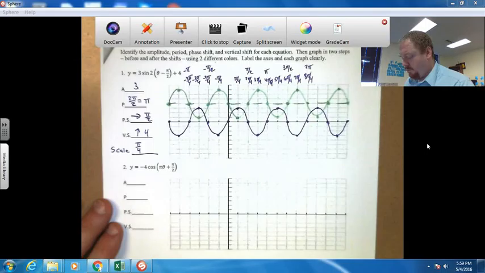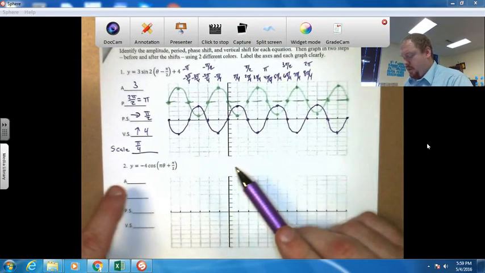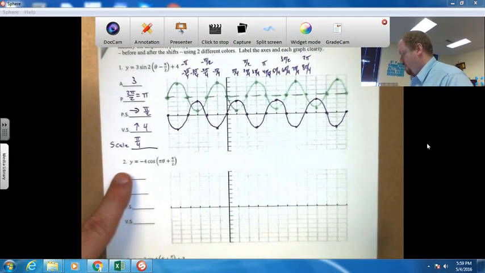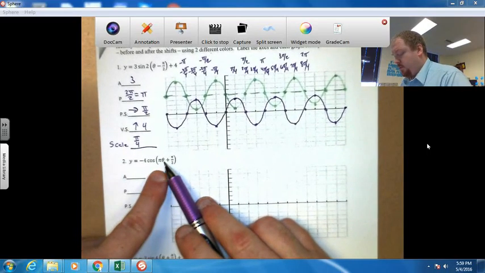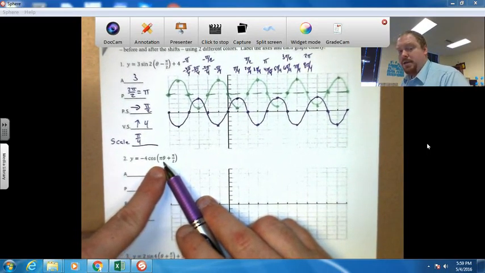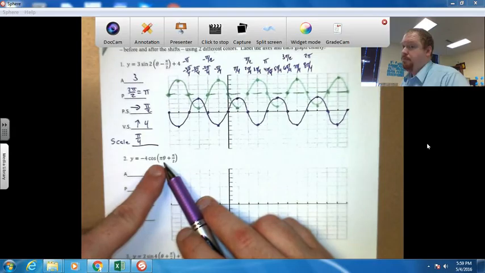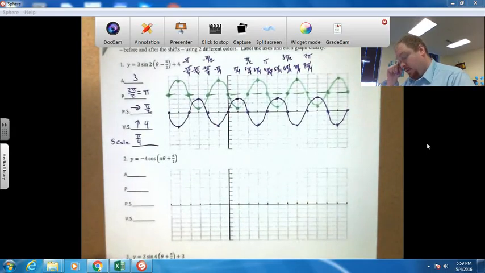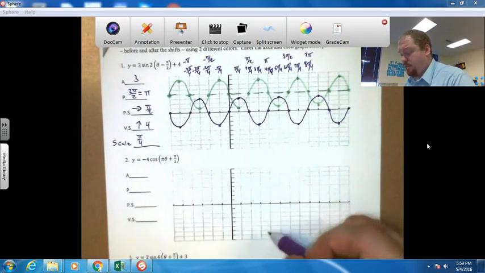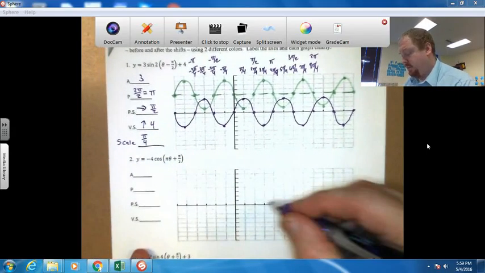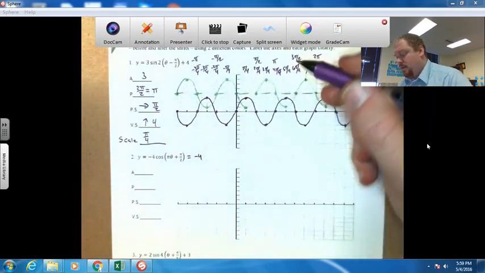So, in number 2, what we have here is we have a number in front of pi. That's a no-no. So we have to factor that out. So that means I'm going to take pi out of the parentheses. Now, it does not come out from inside of the cosine. It's still there.